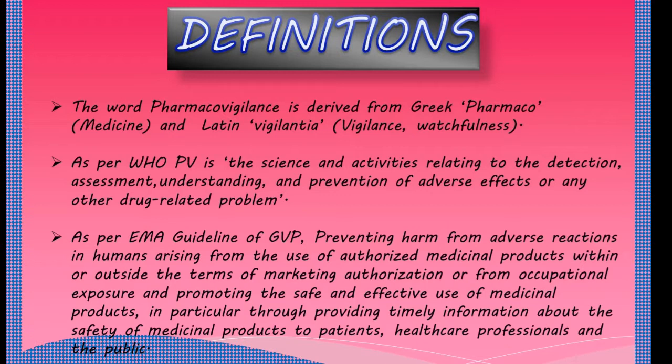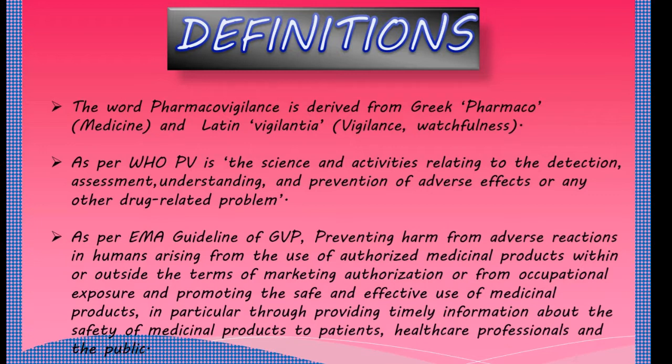So the thing is that pharmacovigilance doesn't only concentrate on phase 4 trials or post-marketing surveillance, but it will also monitor the adverse events which occur in other phases of clinical trials, in phase 1, phase 2 and phase 3. So it also includes pre-marketing drug candidates as well.